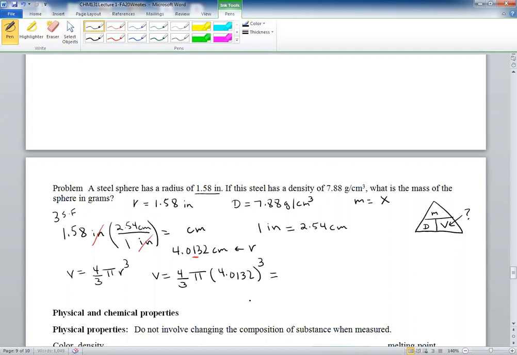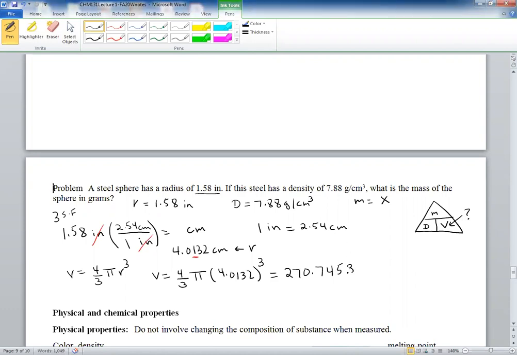But you need order of operations, so you cube first, then you multiply by pi times the 4 divided by 3, etc. So in this case, if I cube the r, I should get 270.7453.